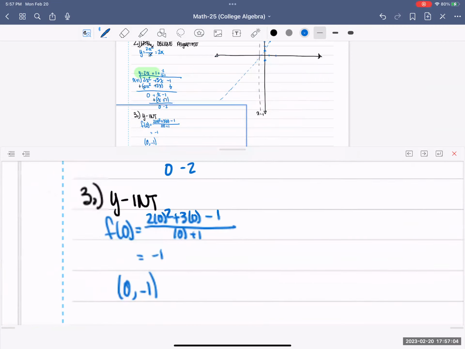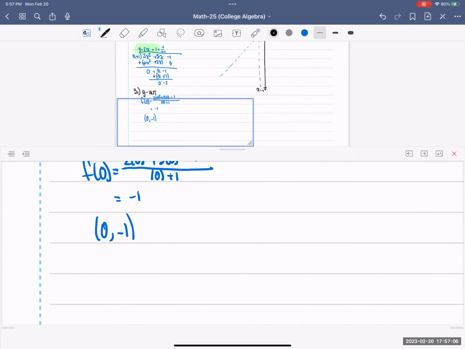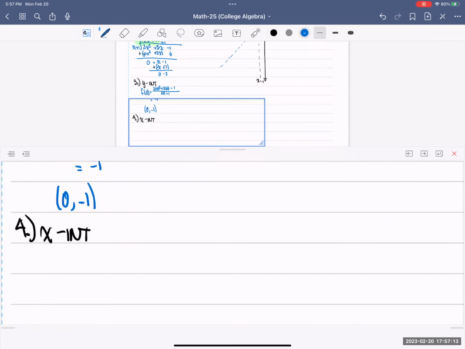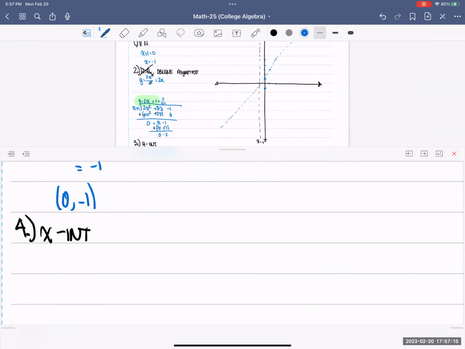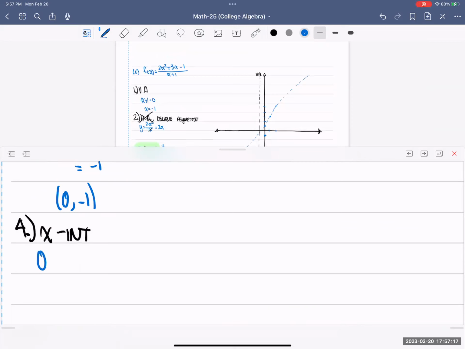And let's find our x-intercept. So our x-intercept happens when y is equal to 0. So we set our function equal to 0.